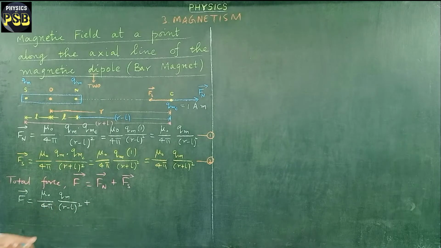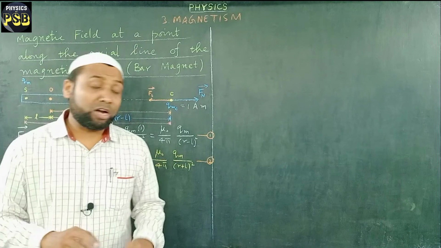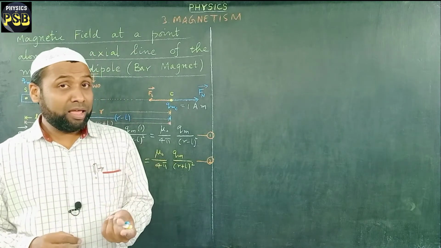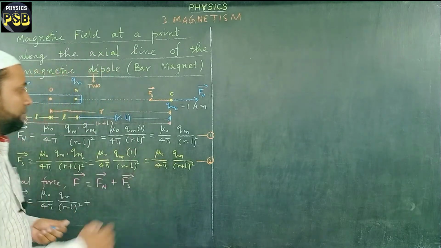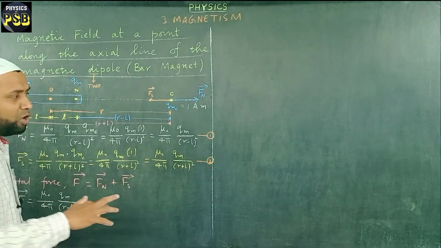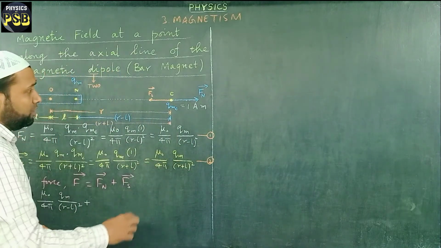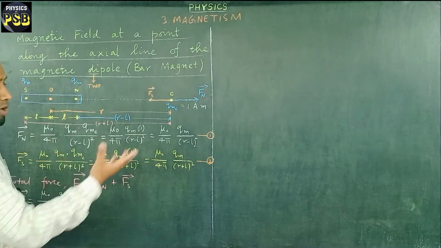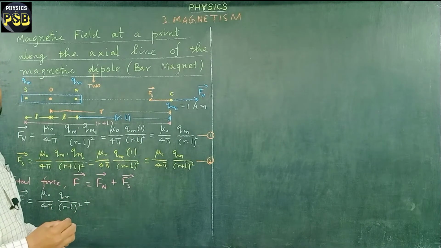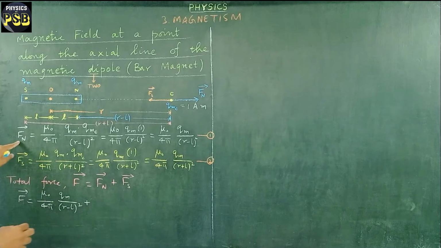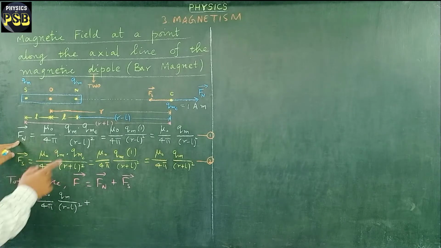Okay. Now here, if you look at this carefully, you will find that force is a vector quantity. It has got both the magnitude as well as direction. But on this side, if you see, we do not have any term which represents the direction. So here, let me provide the direction. In what direction does the force Fn vector act?